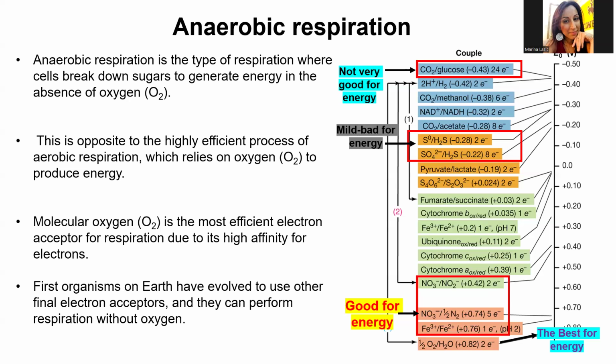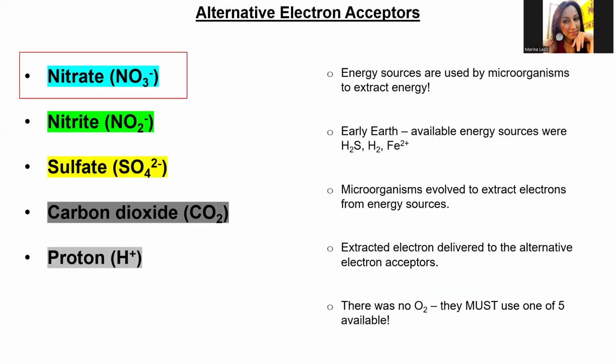However, the first organisms that lived on this planet did not have available oxygen, because we know that oxygen was made by cyanobacteria after the banded iron formations, after all the iron was exhausted. The bottom line is that the first metabolism was not related to oxygen. So anaerobic respiration is much older.